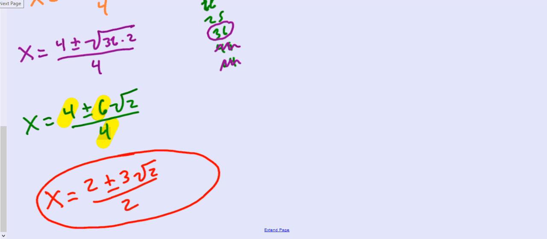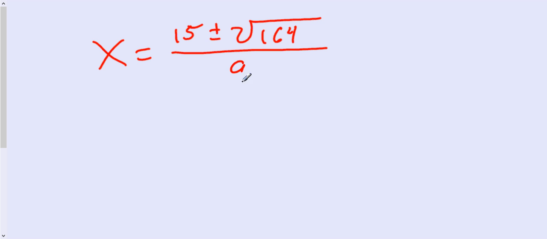So we're just going to try one answer. X is equal to 15 plus or minus the square root of 164 all over 9. Let's see if there's anything we can do with this.